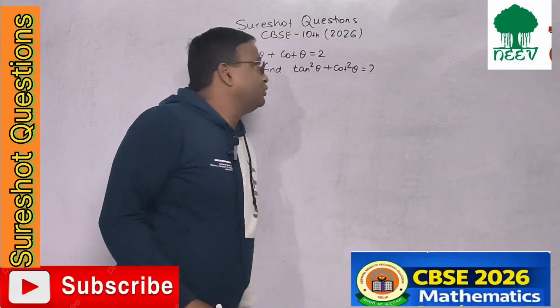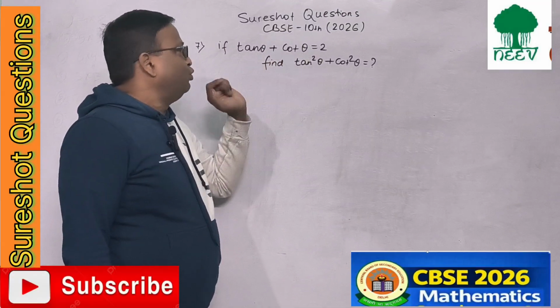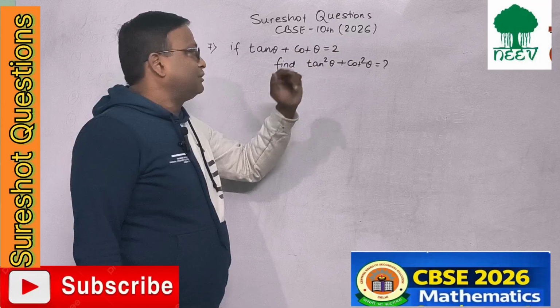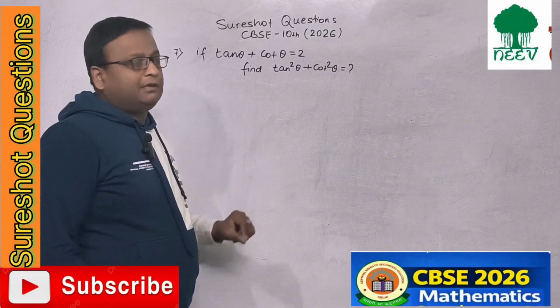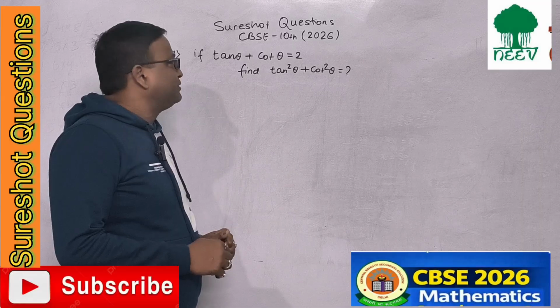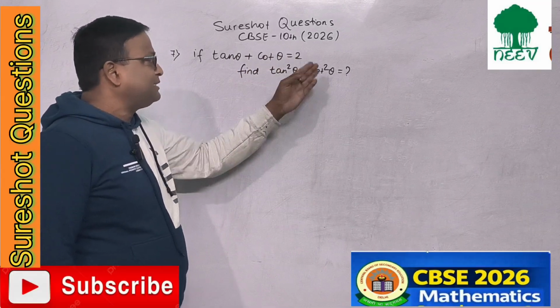So let's come to question number 7. If tan theta plus cot theta is 2, we need to find tan square theta plus cot square theta. So in trigonometry, we don't have a formula, but in algebra, we have solved this several times. A plus B is given and we need to find A square plus B square.